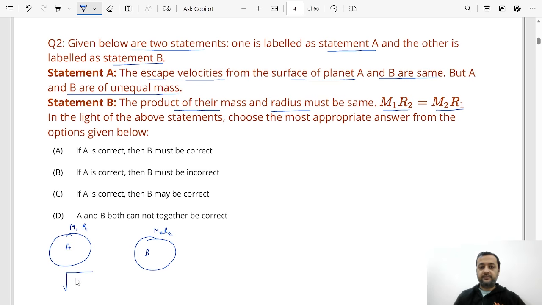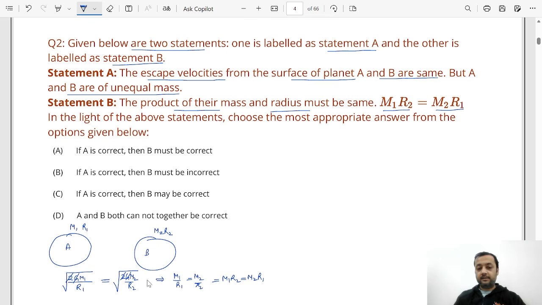Okay, so if statement A is correct, that means root 2 G m1 by r1 should be equal to root 2 G m2 by r2. Correct. So if both these values are equal, then we can say that escape velocities will be equal. This implies that m1 by r1 should be equal to m2 by r2, which means that m1 r2 should be equal to m2 r1. Right.